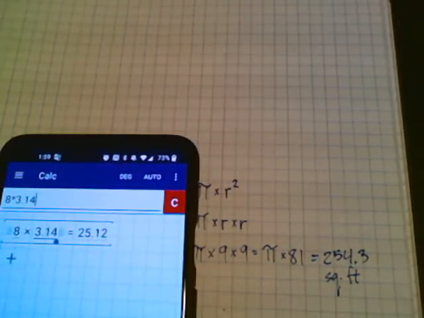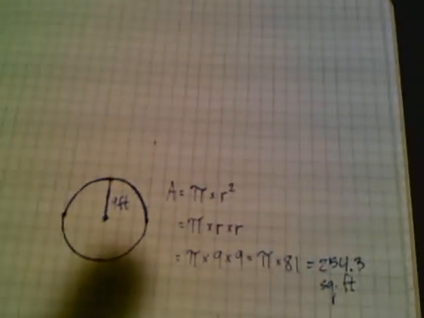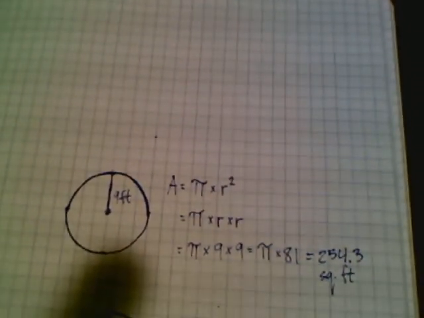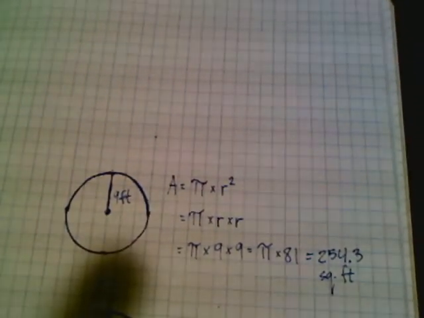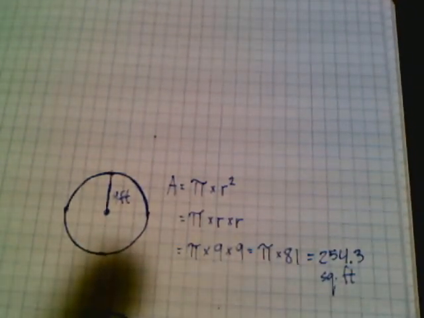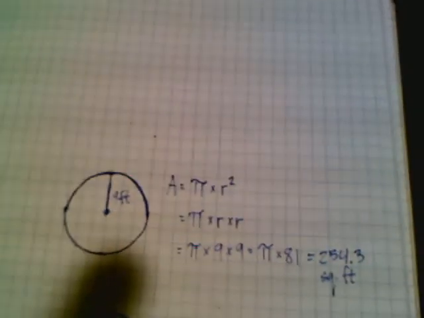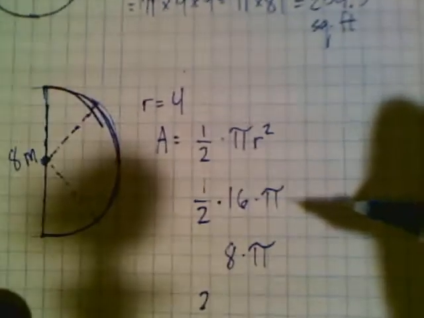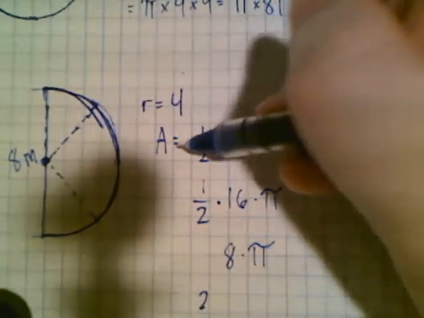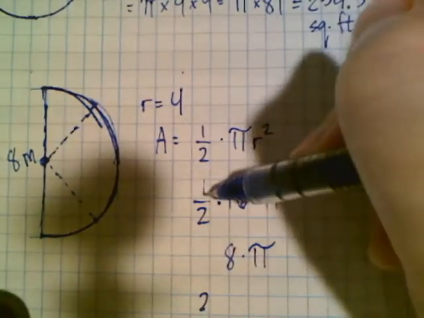We get 25.12, which we're going to round to the nearest tenth. Did I goof? Here's my work. Radius is 4, area is 1/2 times pi r squared.